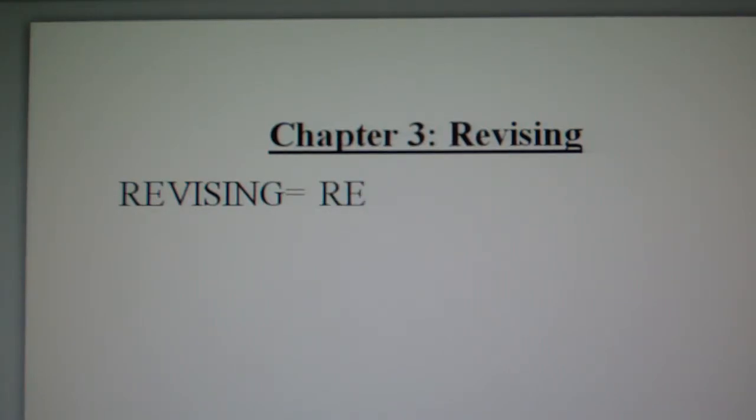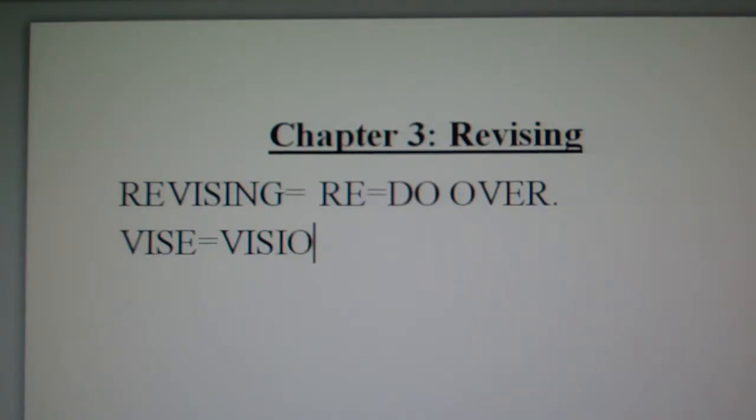We have re, which at its root means do over. And then we have vise, which you might realize is related to vision. So it's literally like a revisioning or a new way of seeing your paper. So that's the way I want you to look at this concept of revising.